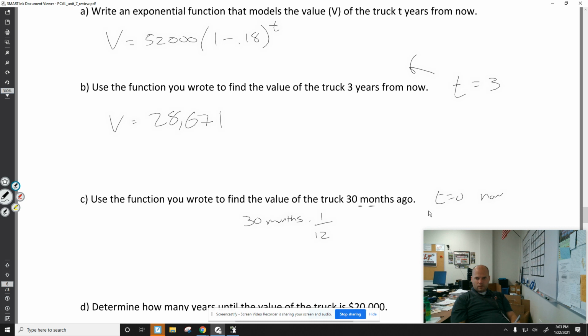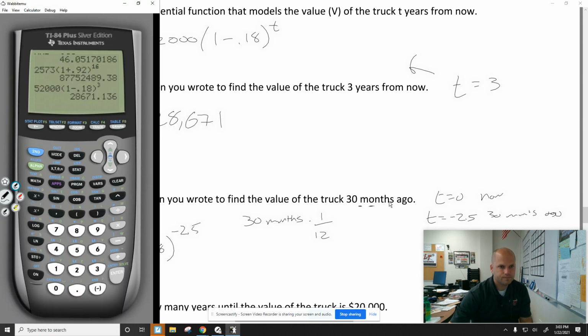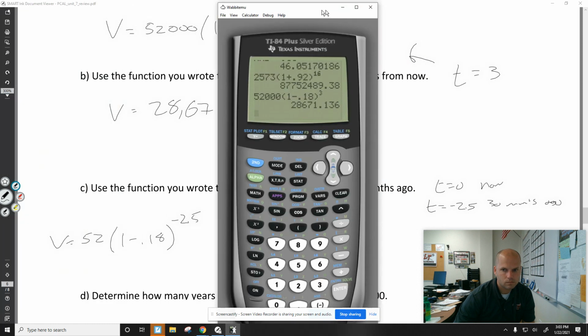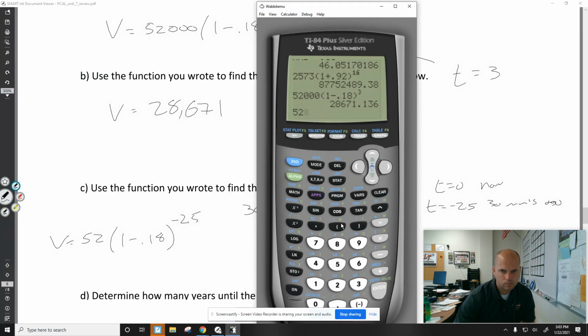So t is negative 2.5 is 30 months ago. So equals 52K. I'm going to do just 52. $85,402.